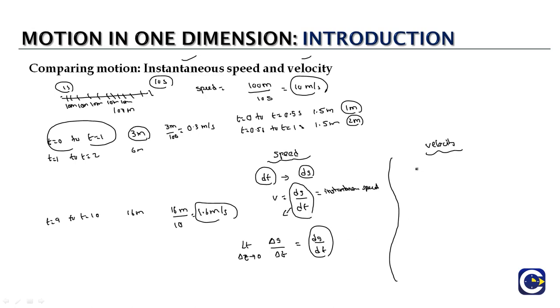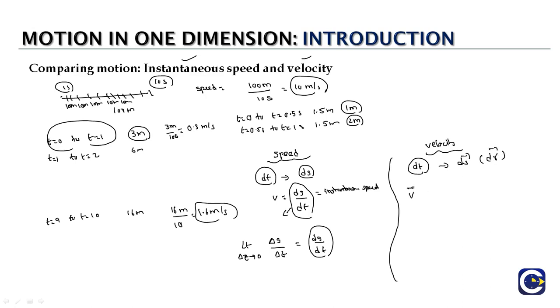Similar to the instantaneous speed, we can also define instantaneous velocity. So we take a very small time interval, and in that small time interval, let us say the displacement is ds bar. We are using the vector notation, and already we have seen that displacement can also be given as change in the position vector.